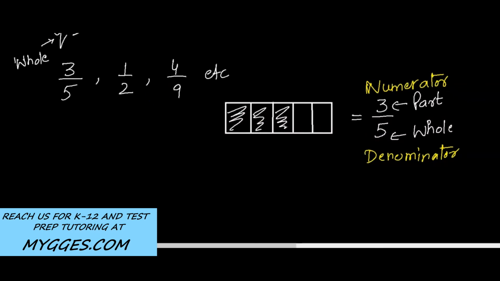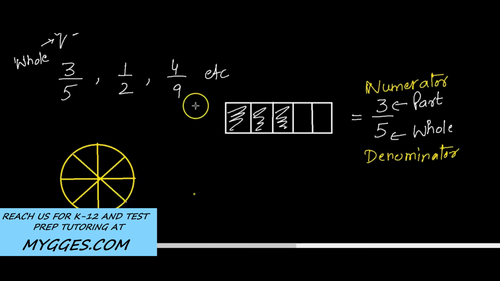Now say if we have a pizza, and let's divide that into 8 equal parts. Now if I say that we need to top 2 of the slices of this pizza with cheese, so the fraction for the cheese topping would be 2 out of 8, because we have topped 2 of the slices with cheese and the total parts are 8.